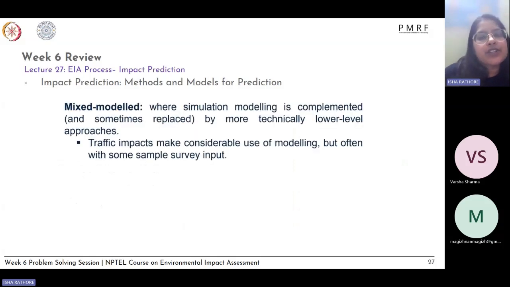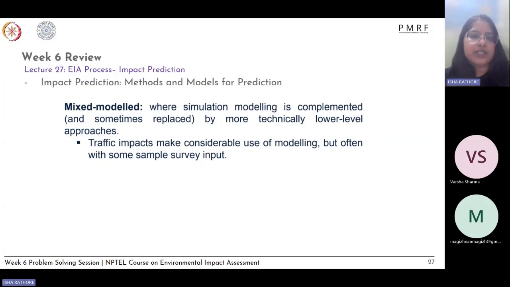Then you have mixed models where both soft and hard models are used, whereas computer simulations are also used, and lower level non-technical approaches are also used. So something like traffic impact can be modeled correctly based on computer models, but you need to have some sort of survey input from the perception-based studies for modeling it correctly.